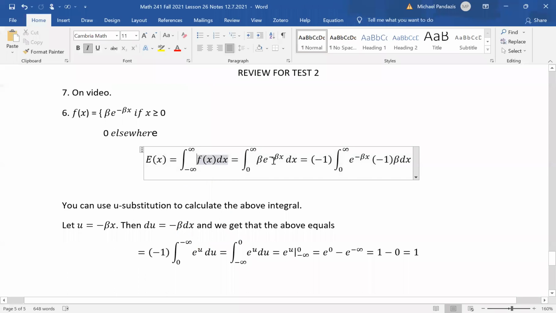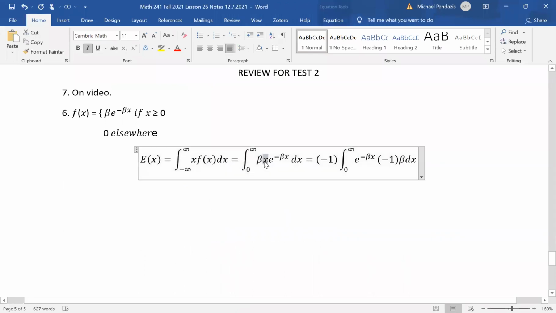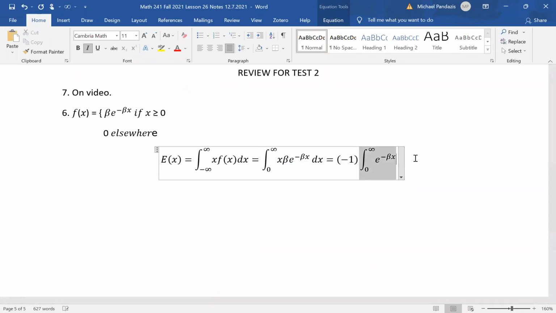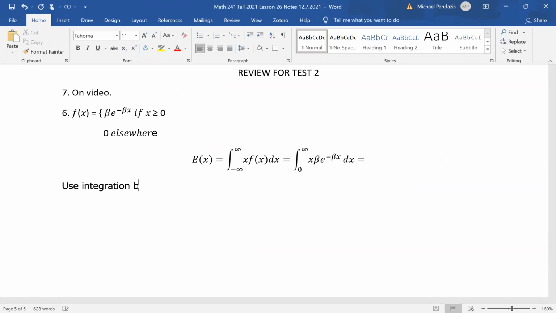Here, that's fine. E of x, sorry, it's x times f of x, which is this. Okay, so let me just fix it. Okay, so you're integrating x f of x, which is x times beta e to the negative beta x dx. Okay, so it's not u substitution. You're going to use integration by parts to evaluate.